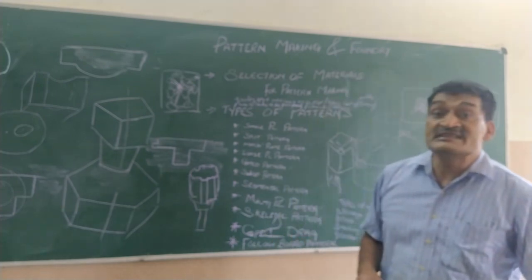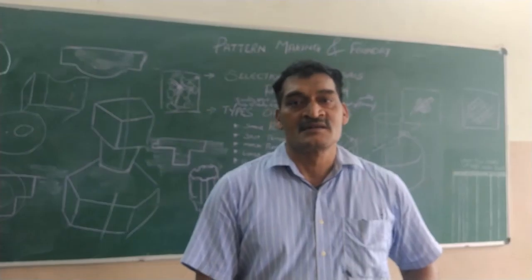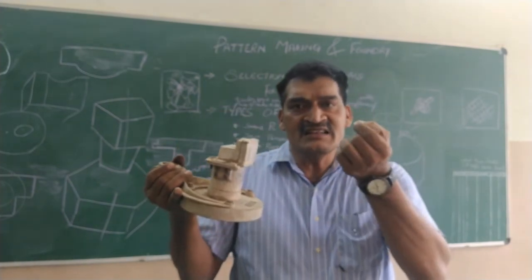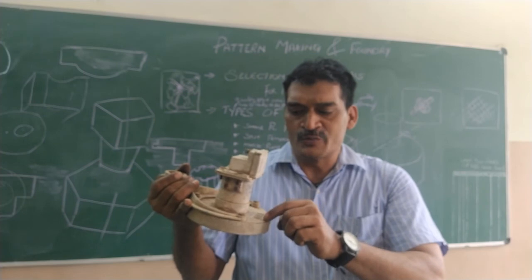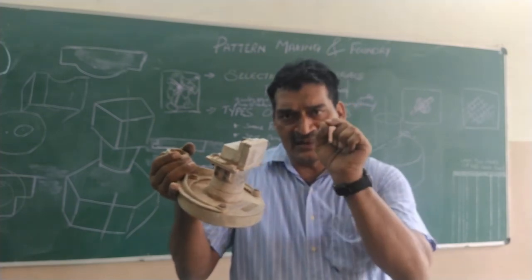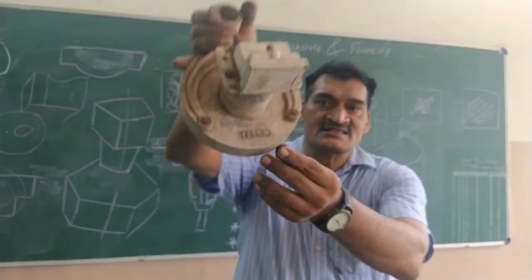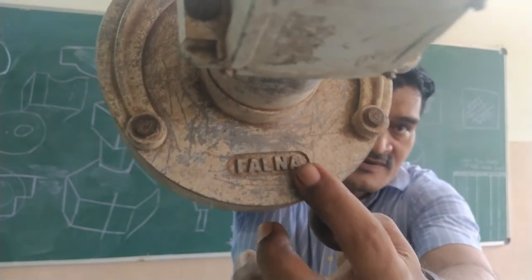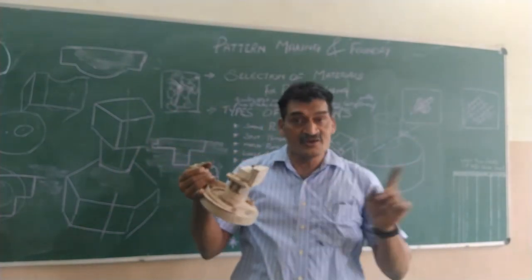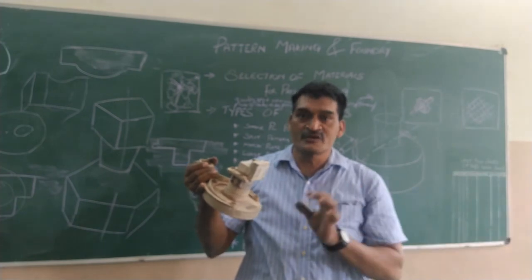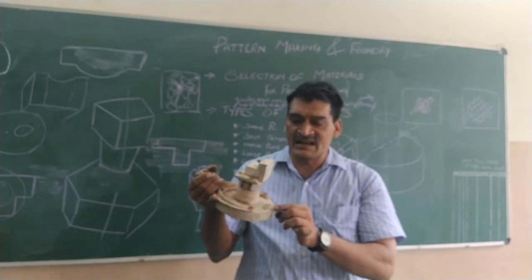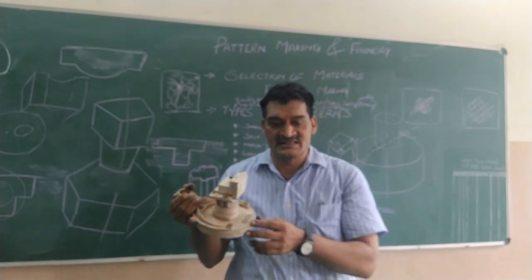the next is intricacy of casting. What do I mean by intricacy? There are fine details. For example, you want to print or you want a certain name to be embossed like this. So there you will require your pattern to be of good material and not porous, like that of aluminium or steel or brass.